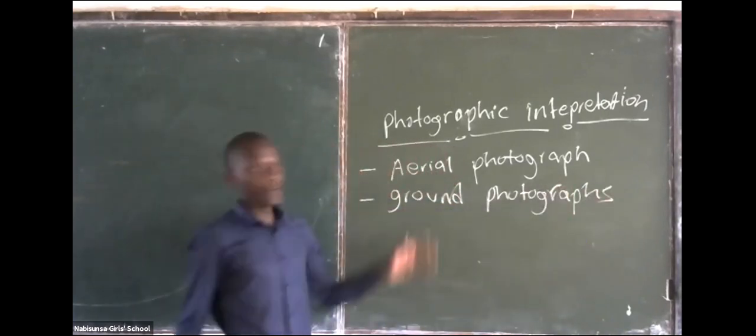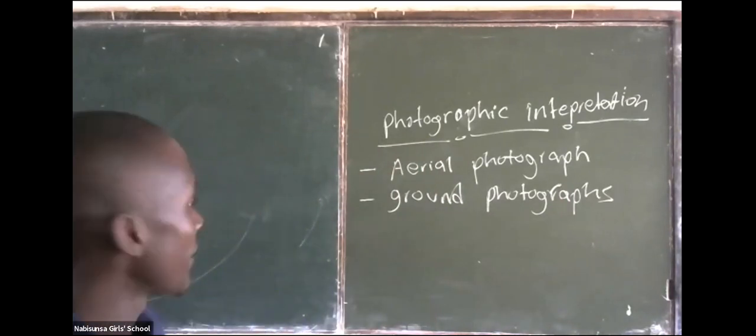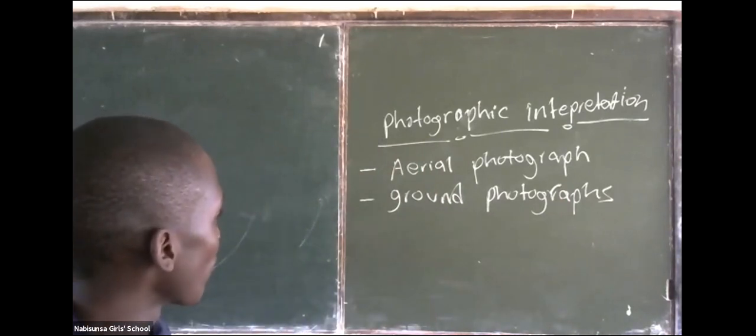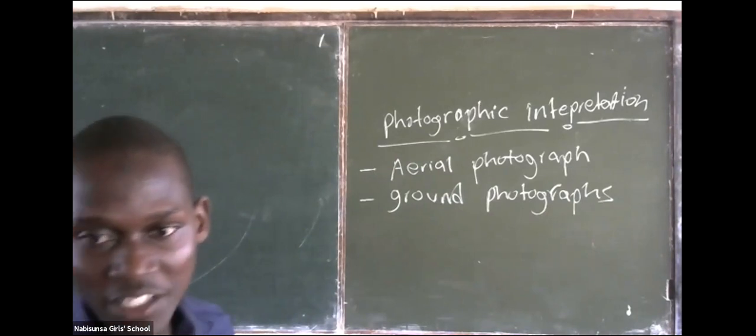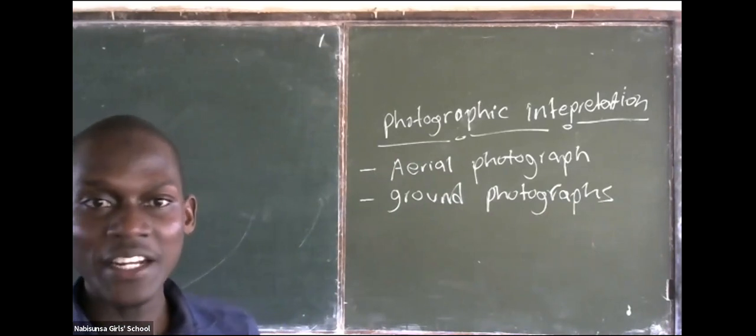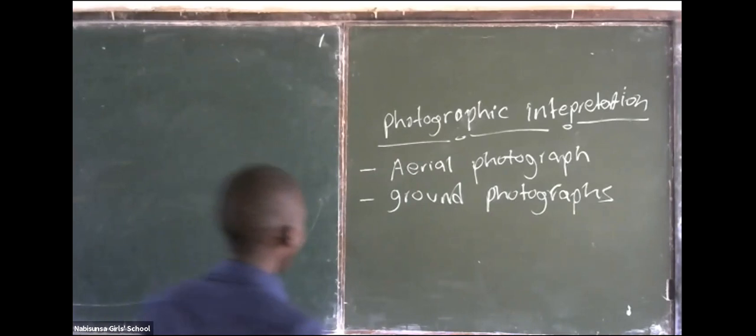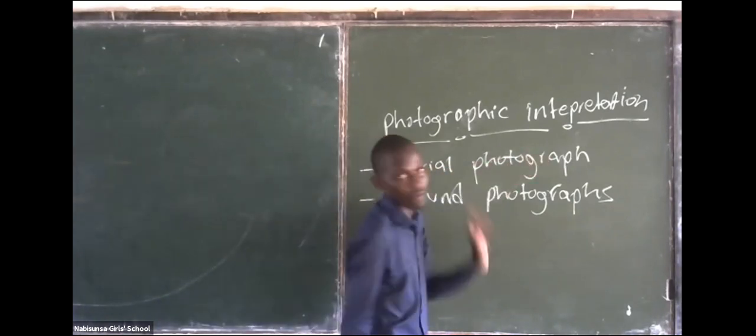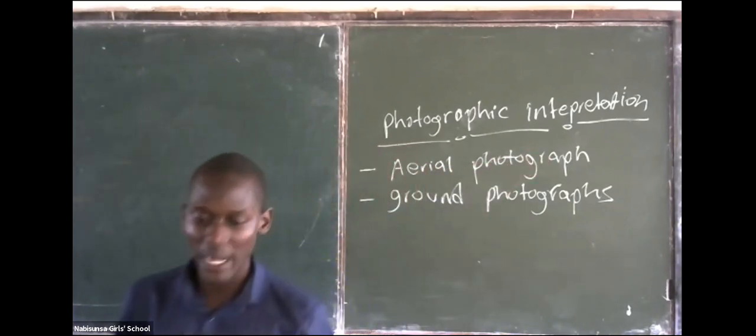Now, before we proceed, some people are new here. They don't know what an aerial photograph is. Who can help us? As other people are writing in the inbox, I need someone to explain to us what an aerial photograph is so that people can remember.